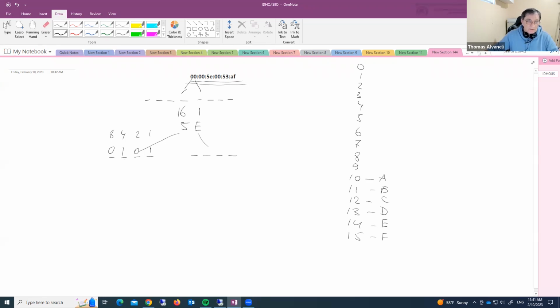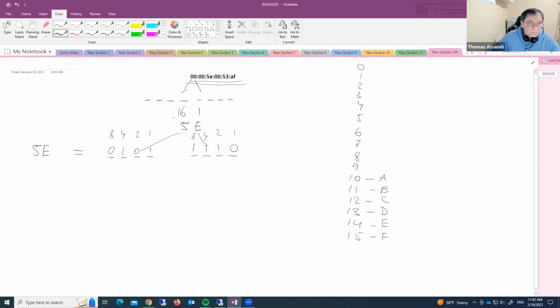To get 14, this bit must be 1, this also 1, 1, and 0. Indeed, 8 plus 4 is 12, plus 2 is 14, and 14 is E. Okay, we translated: 5E equals 0101 1110.